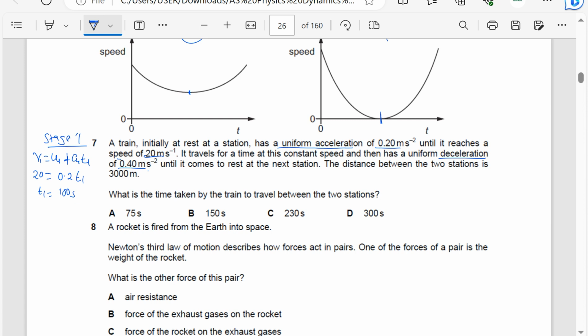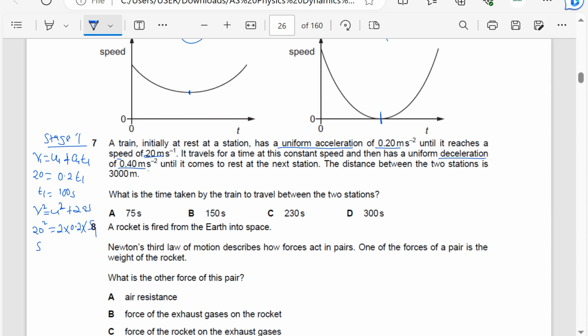For stage 1, I know that v squared equals u squared plus 2as. So v squared is 20 squared, equals 0 because it started from rest, plus 2 times the acceleration, which is 0.2, times the distance, which I'm going to call S1.